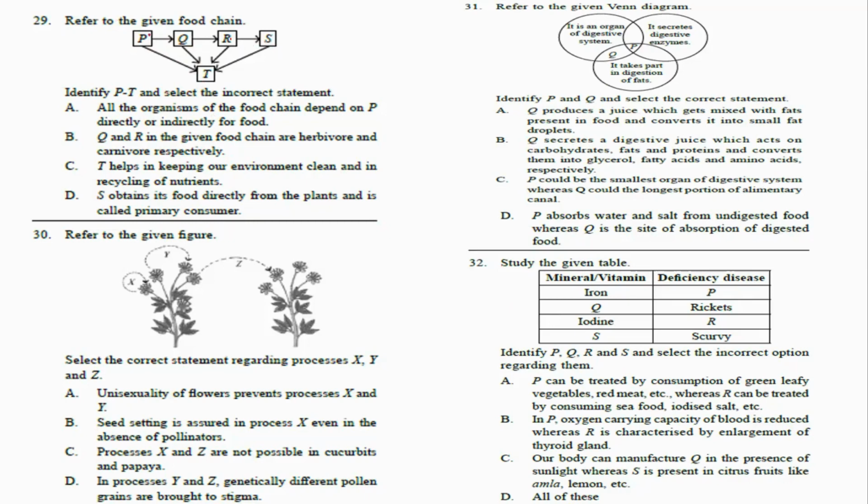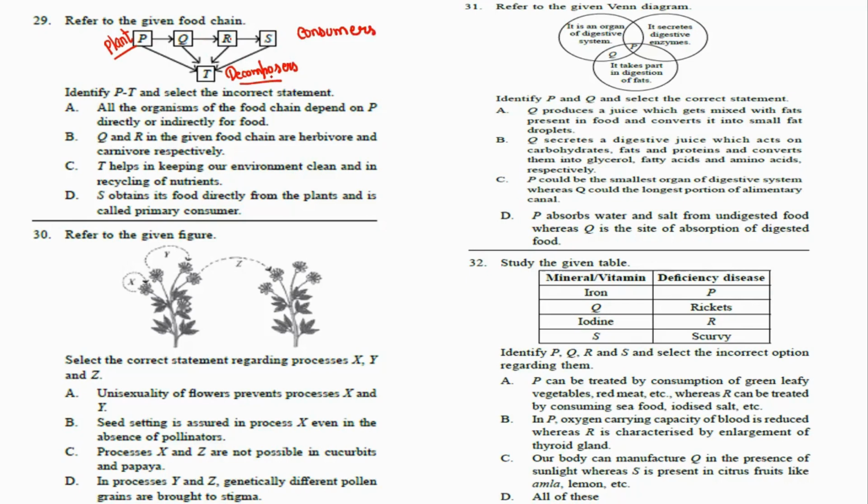So P can be any plant, the producer, and T can be the decomposers, which take all the organisms when they are dying. And Q, R, S can be primary, secondary, and tertiary consumers.